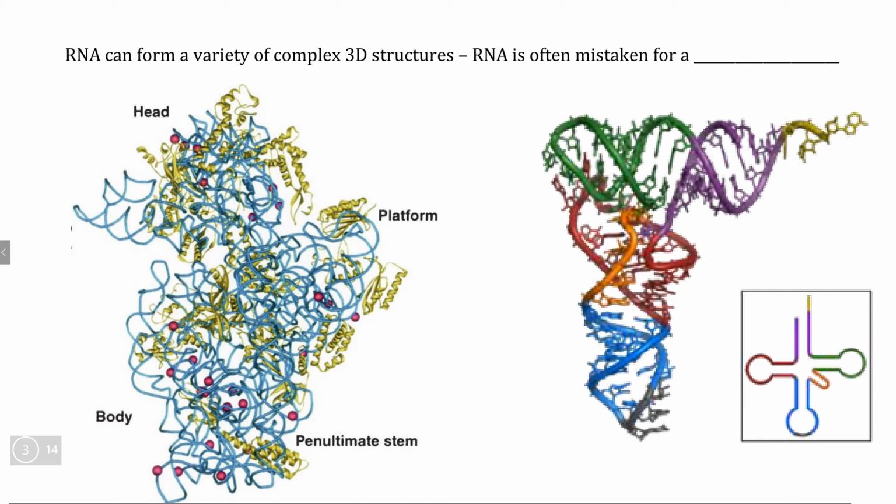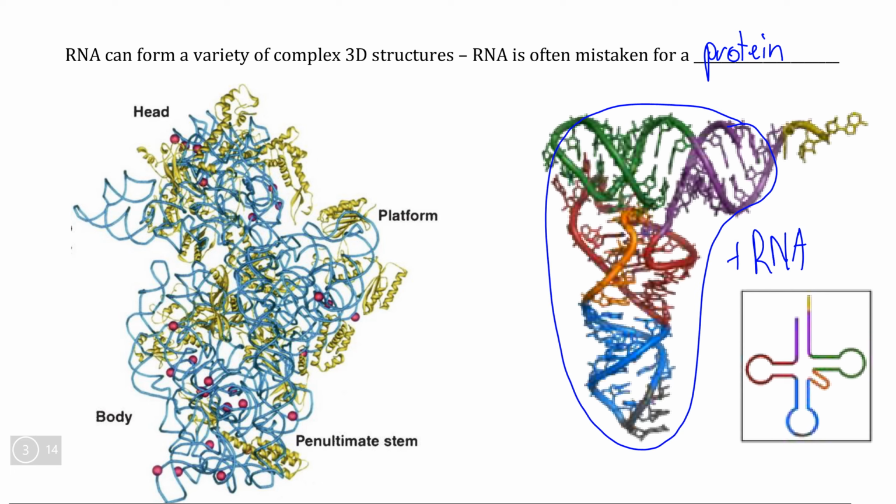In fact, because of its large variety of 3D structures, RNA is often mistaken for a protein. So this form of RNA is what we call tRNA, and we can see that the majority of tRNA is double-stranded, DS meaning double-stranded, but we can see this small section here is a single-stranded form.